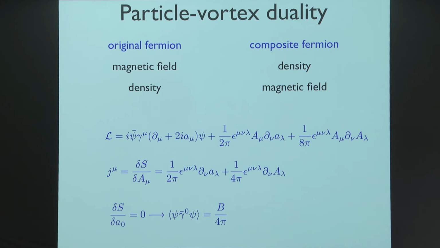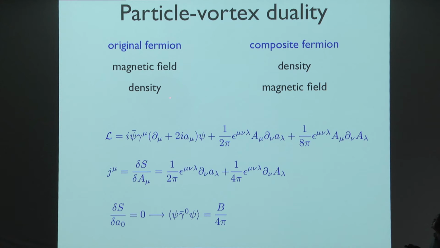The particle vortex duality should work in a way that maps the magnetic field acting on the original electrons into the density of the composite fermion, so that in a finite magnetic field we still have a Fermi surface of the composite fermion, which is required by experiment.